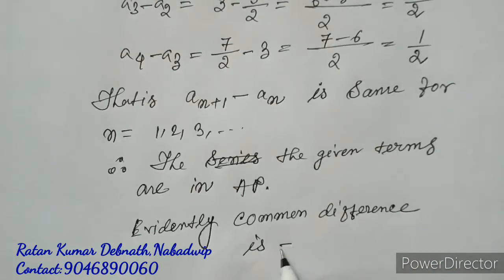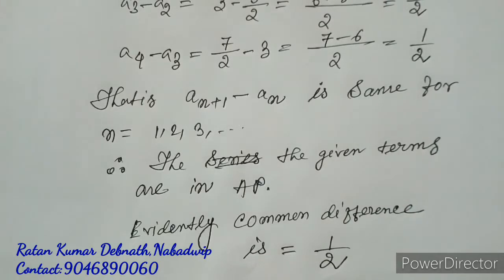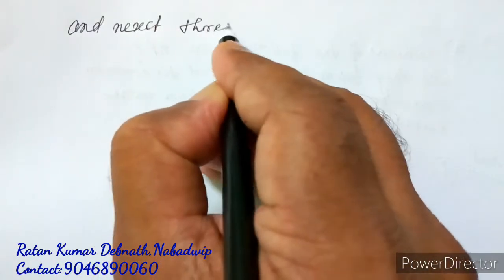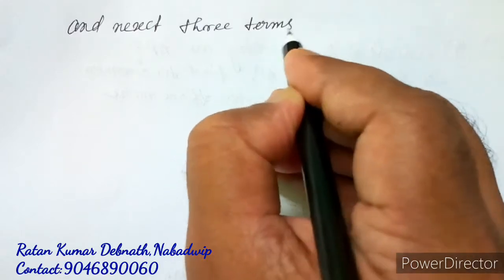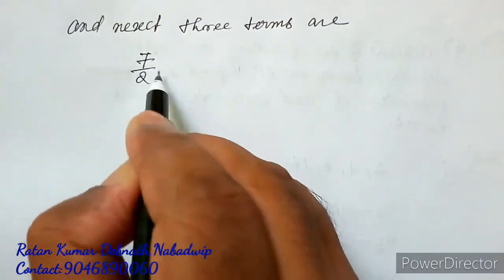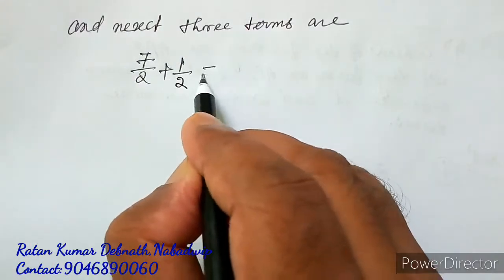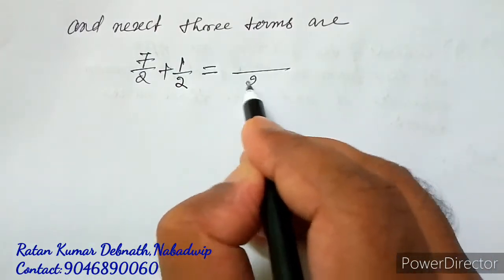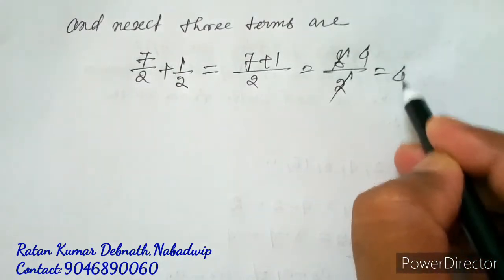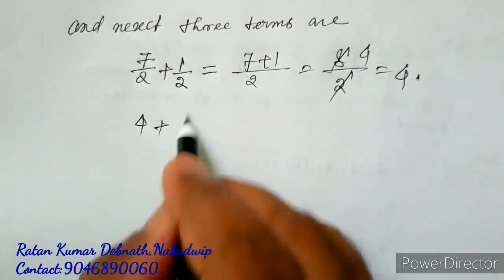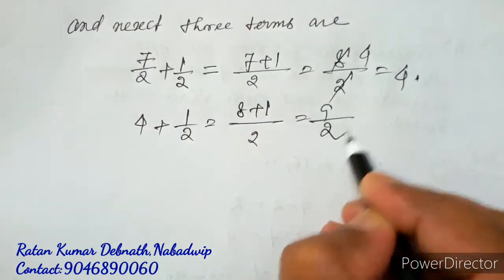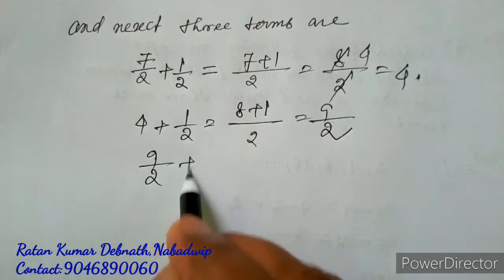So evidently the common difference is equal to half, and the next three terms are 7/2 plus common difference equal to 4, that is 7/2 plus half equals 4; then 4 plus half, 9/2; then 9/2 plus half equals 5.